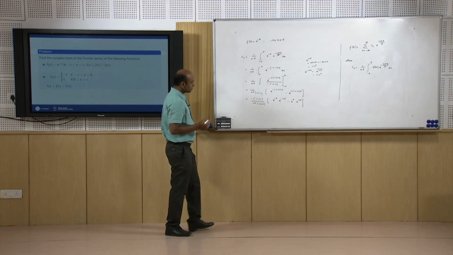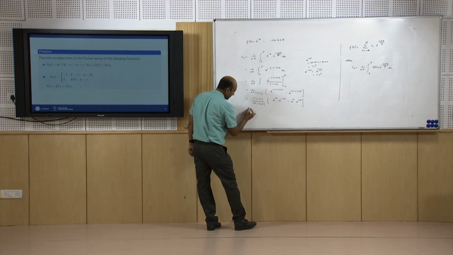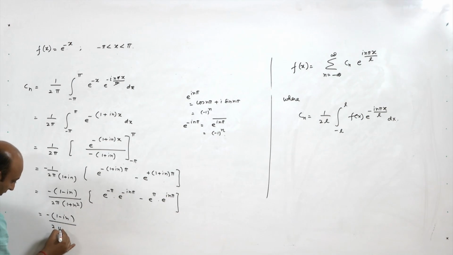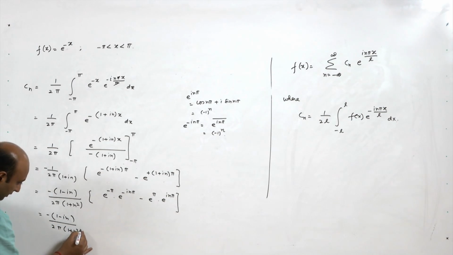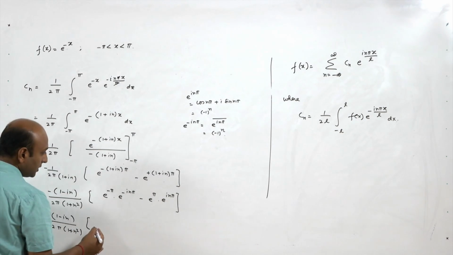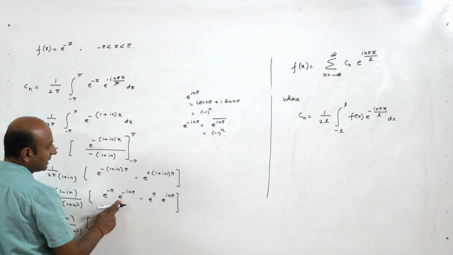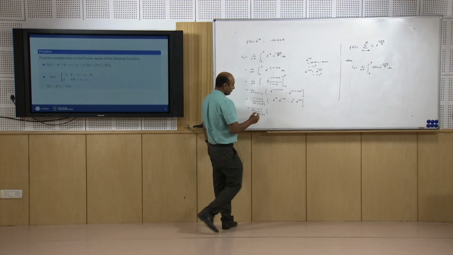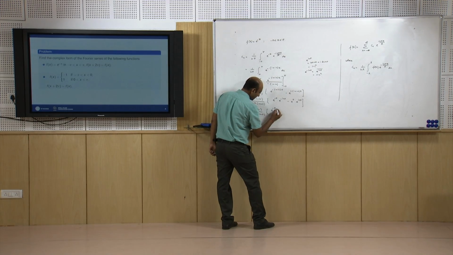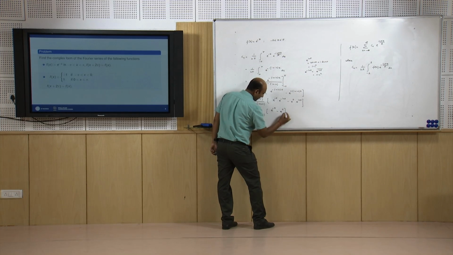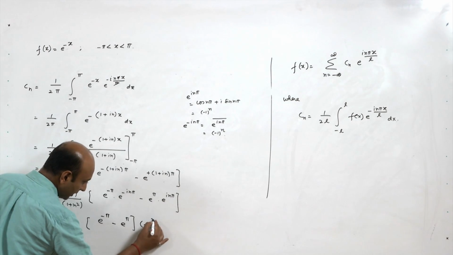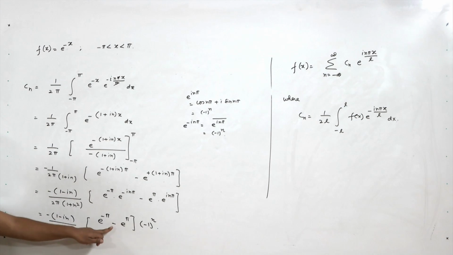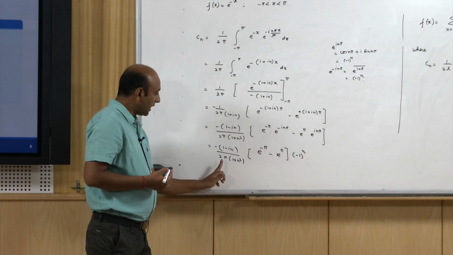So, from here what we obtained is minus (1 minus iota n) upon 2 pi (1 plus n square). When you simplify this, this is also minus 1 raised to the power n, this is also minus 1 raised to the power n, both will come out, and we will be having e raised to the power minus pi minus e raised to the power pi, and the whole multiplied by minus 1 raised to the power n. So, this negative you can get inside and upon 2.